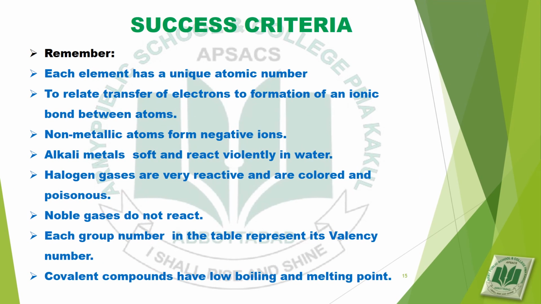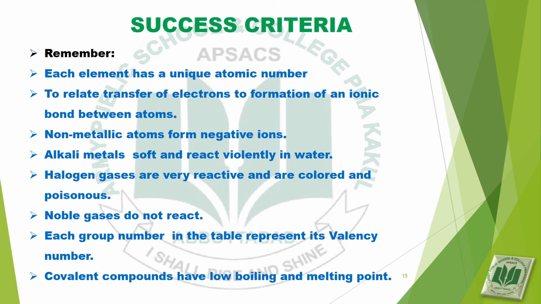Success criteria. Remember the following important points about the periodic table. Each element has a unique atomic number. To relate transfer of electrons to the formation of an ionic bond between atoms. Non-metallic atoms form negative ions.